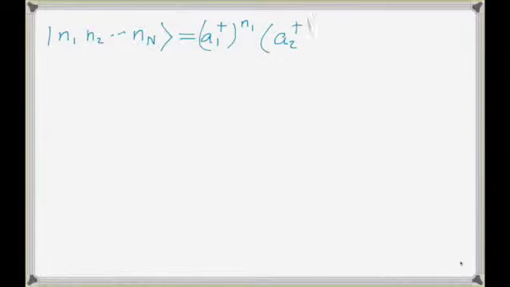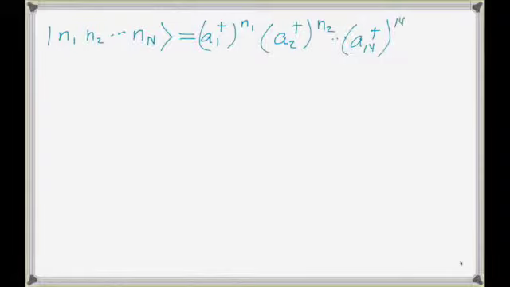So our general state n1, n2 through nn is equal to a1 dagger raised to the n1, a2 dagger raised to the n2, and so on through a n dagger raised to the n sub n.